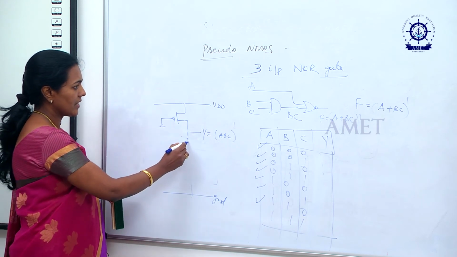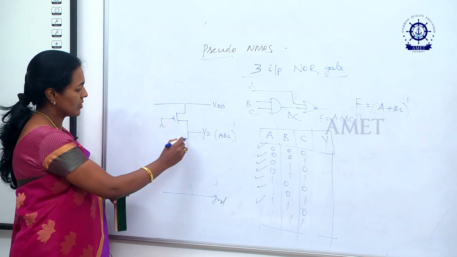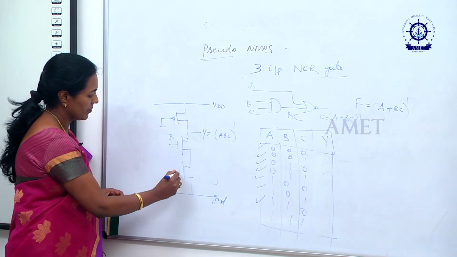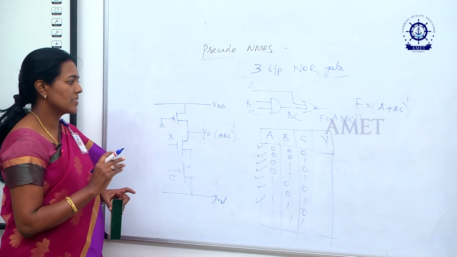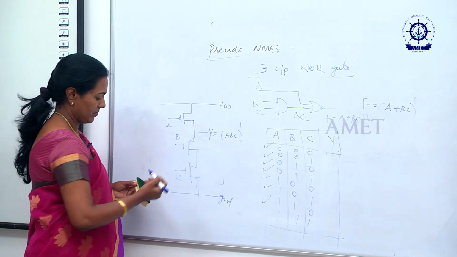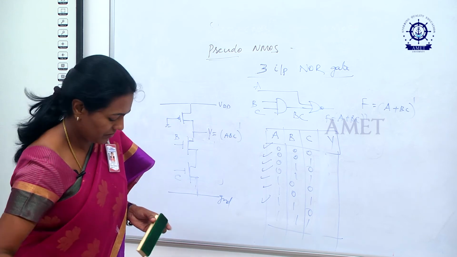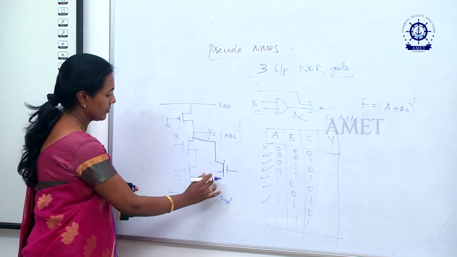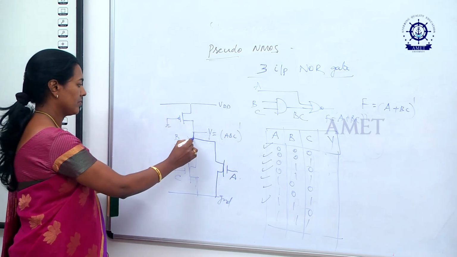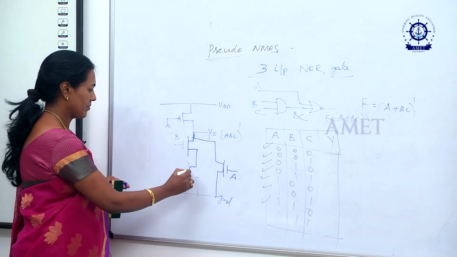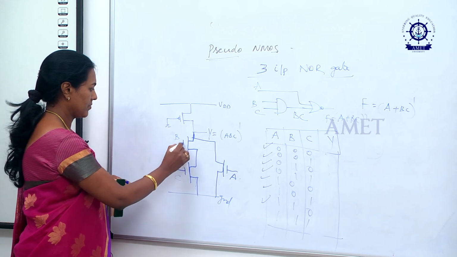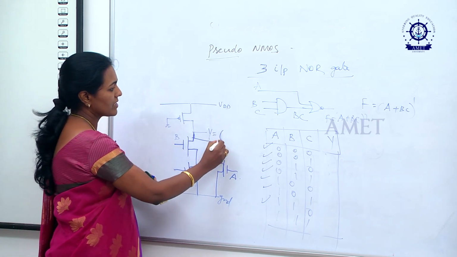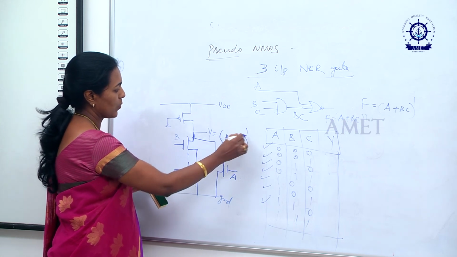So here the transistors B and C are connected in series, and that will be connected in parallel with A. Output F or Y is equal to (A plus BC) the whole complement.